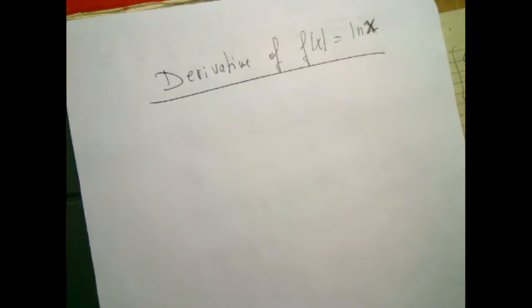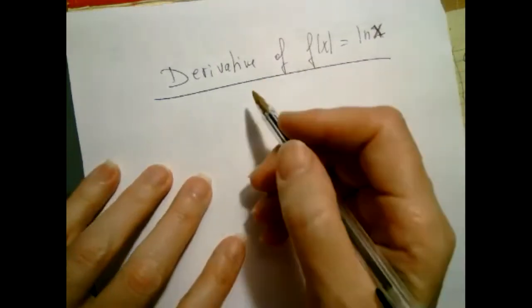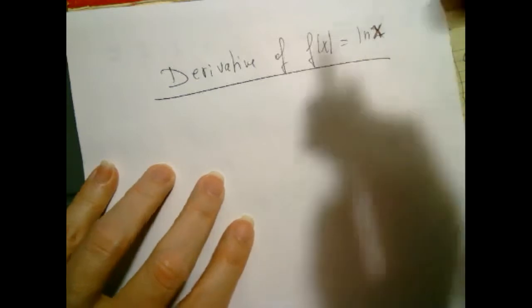So how are we going to find the derivative of the natural log? It's a little bit tricky, but the formula is simple.